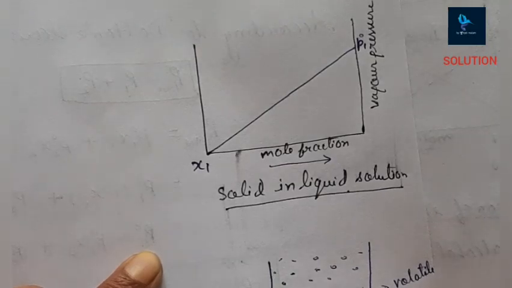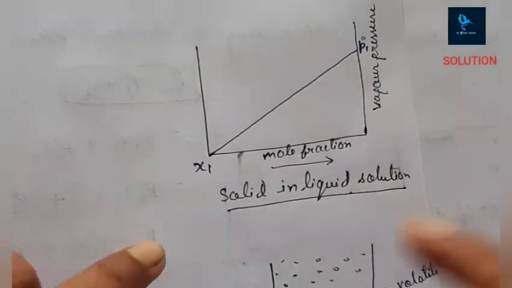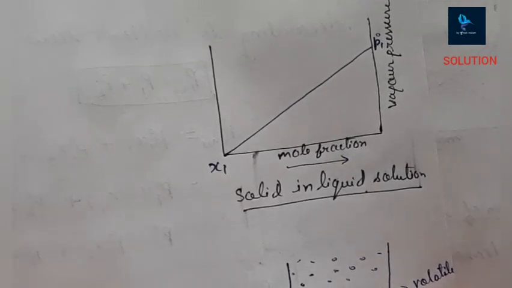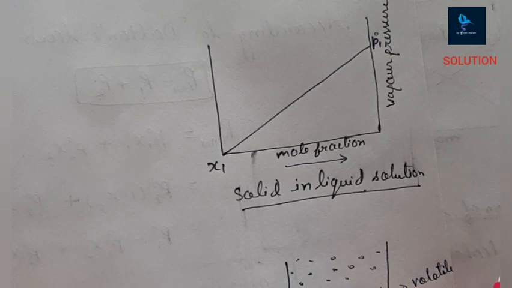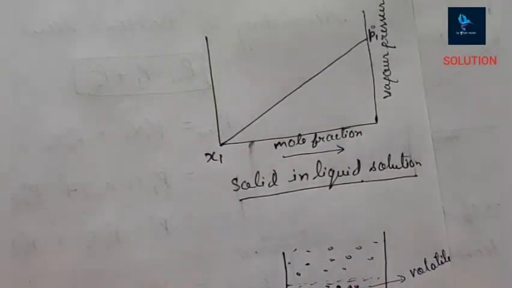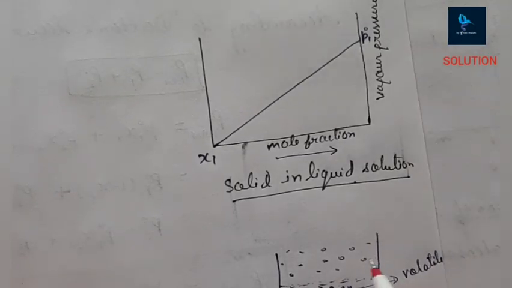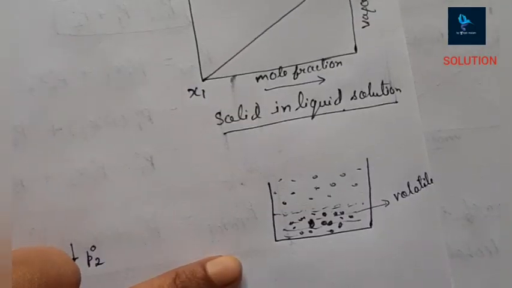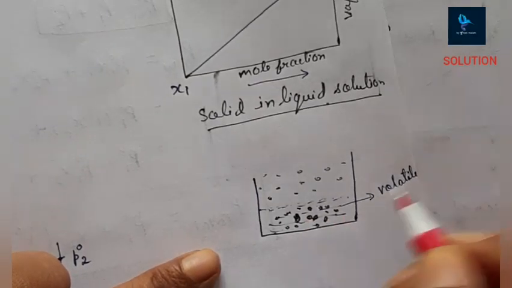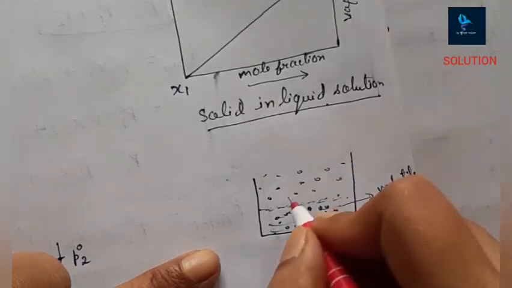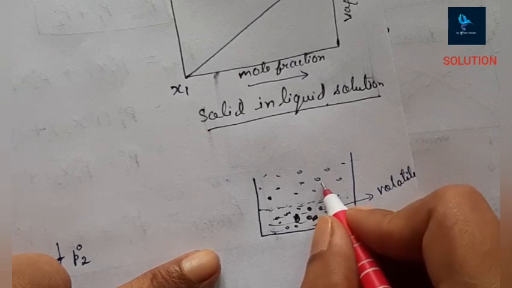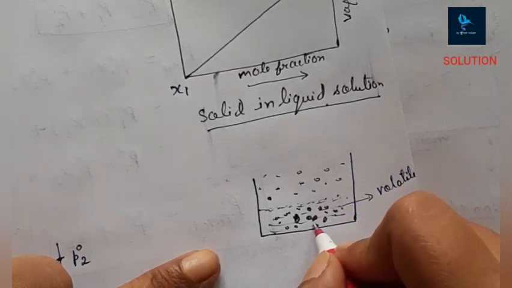But when we add some solute particles to the liquid, what happens? This liquid forms less vapor due to the solid.